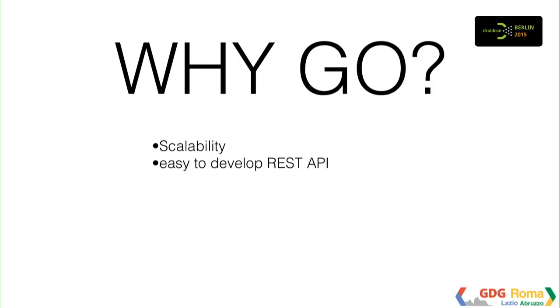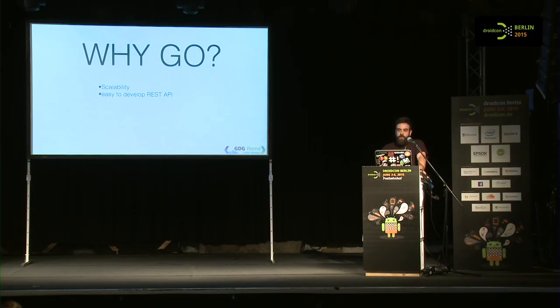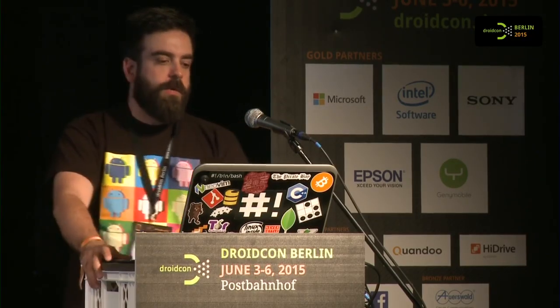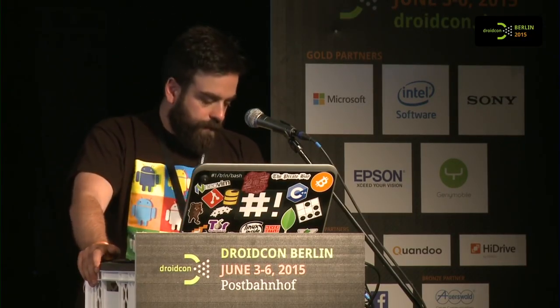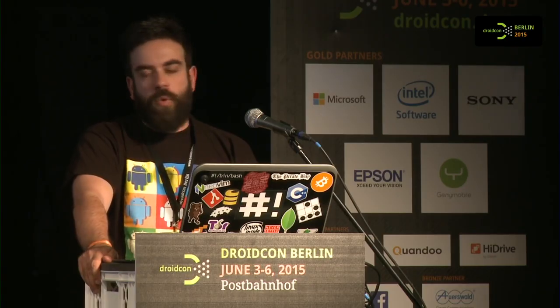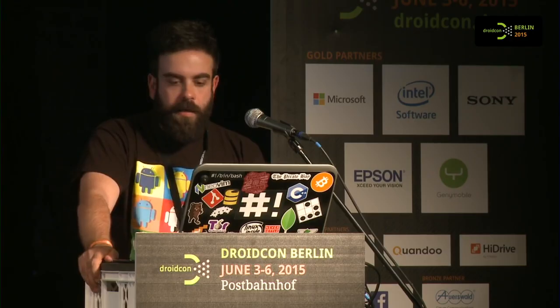Because it's simple for a non-web developer like me to develop a web backend with Golang, because its syntax is derived from C or C++, and it is very easy to develop a REST API, which is what we need, and it has good scalability. We think that with Go we can improve our app very simply.